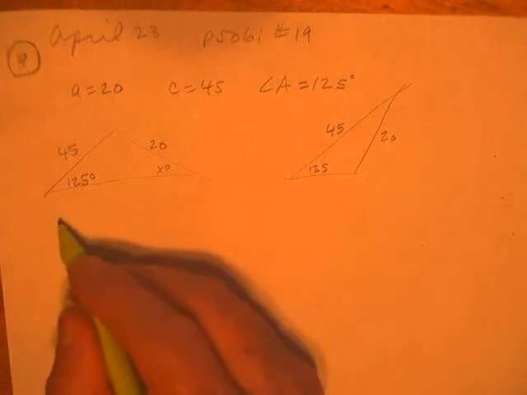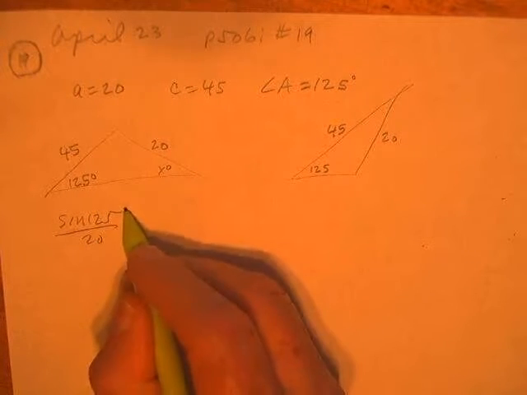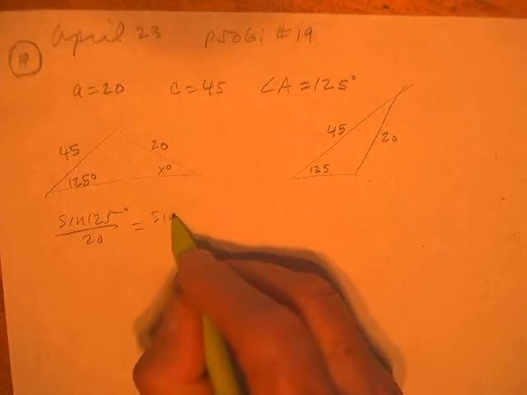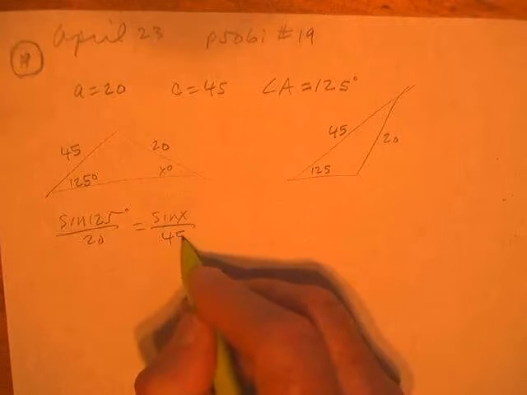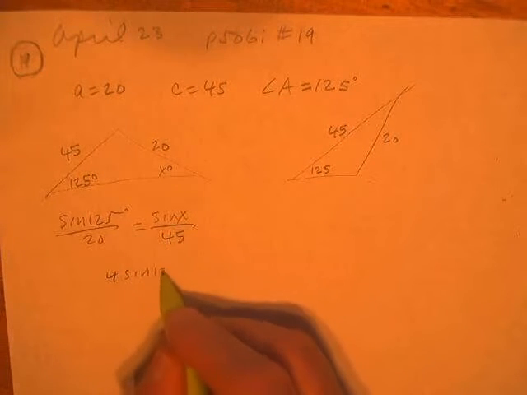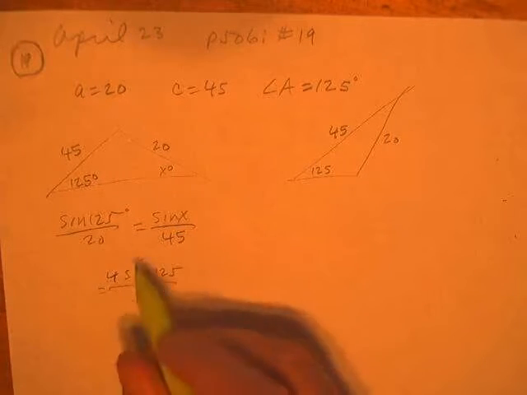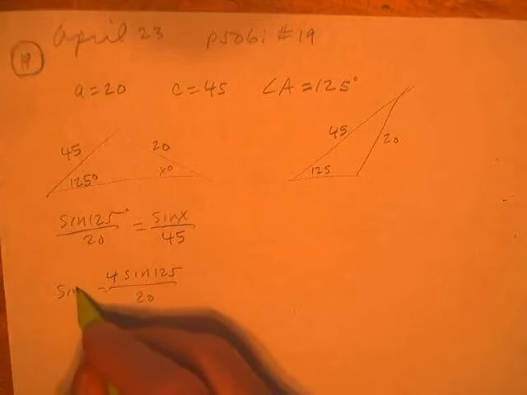I want x degrees first. So I'm going to get 45 sine 125 when I go this way, and then I'm going to get 20 sine x when I go the other way.